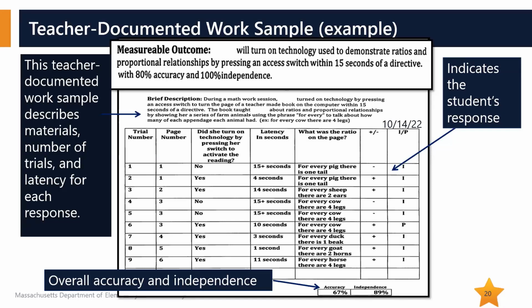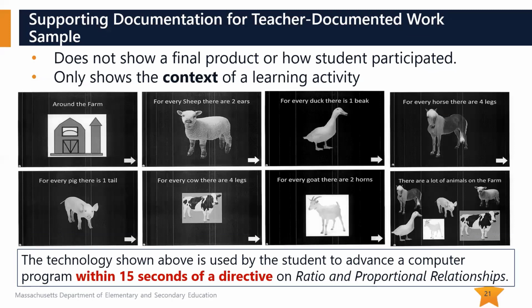This teacher also submitted this next slide as secondary evidence. Let's take a look at this. So secondary or supporting documentation of a teacher documented work sample doesn't show the final product or how the student participated, but it gives some more information about the context of the activity.